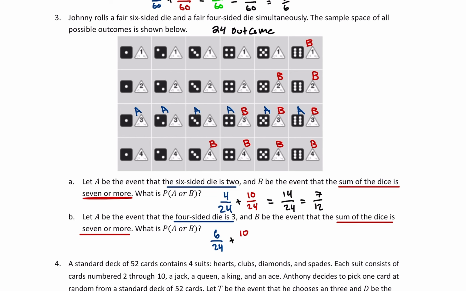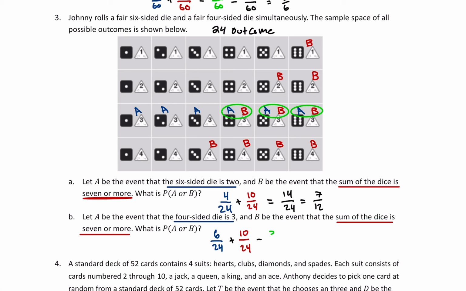I've got 10 out of 24 have a B. Okay, now I need to see, are these events mutually exclusive, or does any box have both an A and a B? I look up here and yes, this box has an A and a B, this box has an A and a B, and this box has an A and a B, right? Okay, so I'm going to come down here and I'm going to subtract what they have in common.